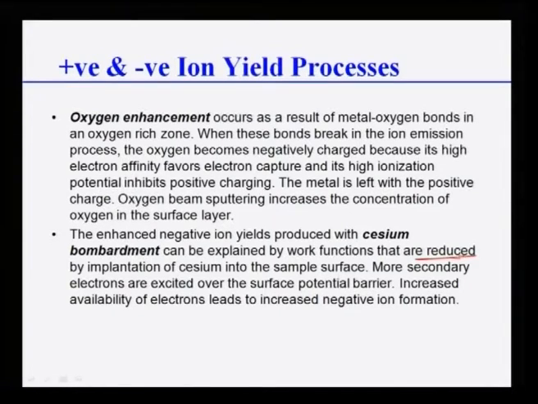More secondary electrons are excited over the sample potential barrier, leading to increased availability of electrons and increased negative ion formation. So as you now clearly understand, oxygen bombardment leads to positive ion creation, and cesium bombardment leads to negative ion creation.